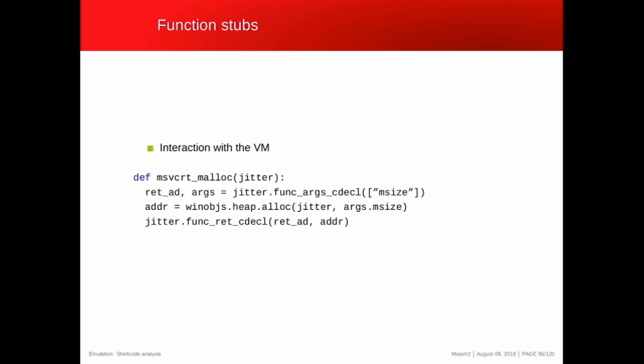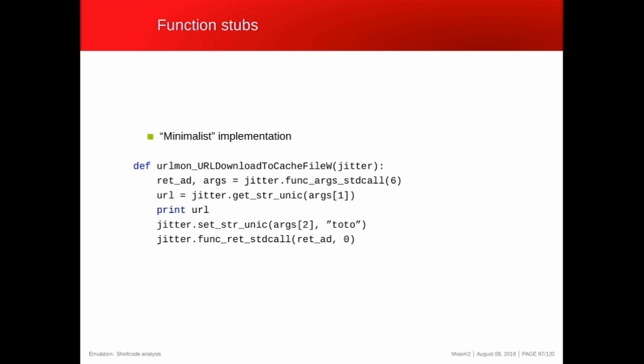We can also interact with the VM, like a custom allocator, or write a minimalist implementation, like for URLDownloadToFileCache. We can say, okay, it always works. It does not actually contact the internet, but it always works, and the final binary is named Toto.